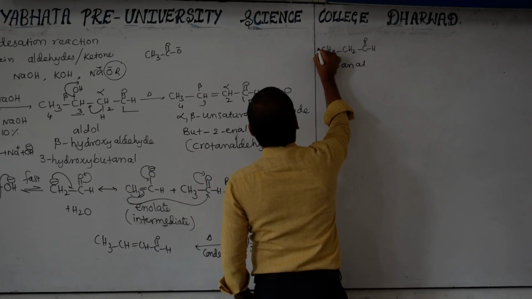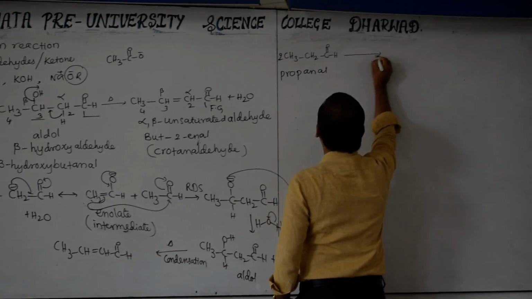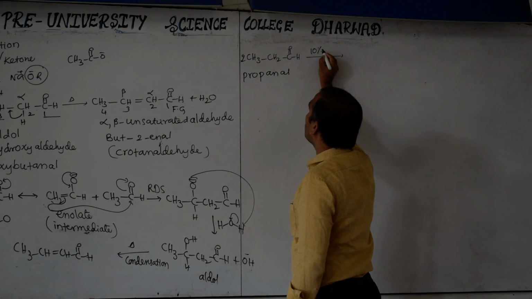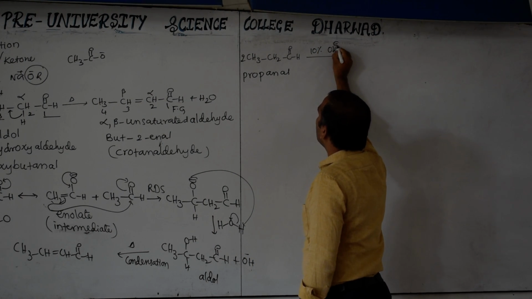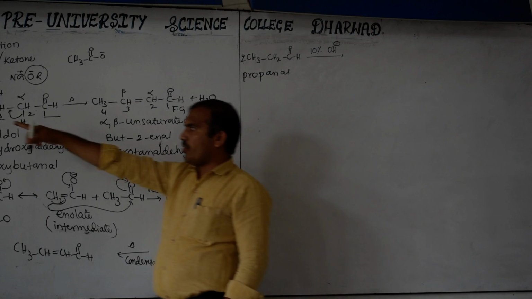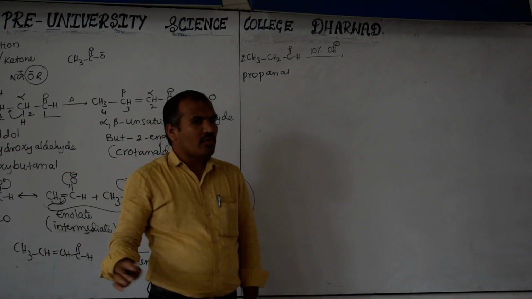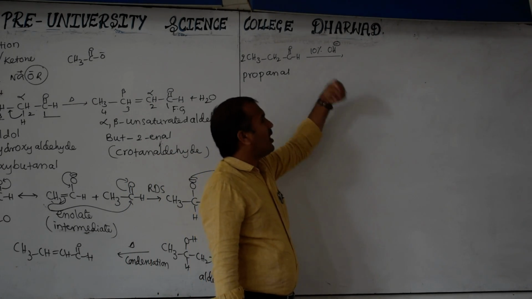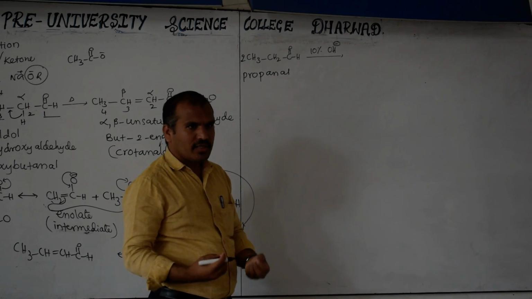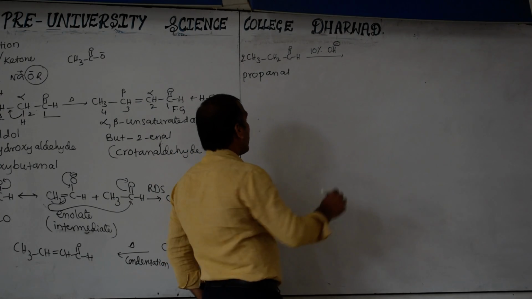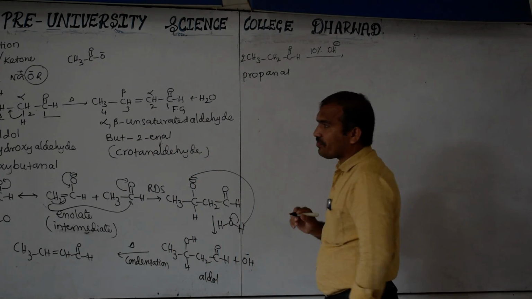Now, if you take 2 moles of this, the condition may also be given as 10% OH minus. I wrote here dilute NaOH, or dilute NaOH 10%. They may not add anything, only OH minus. That also you have to consider as a base. Then what will be the product?